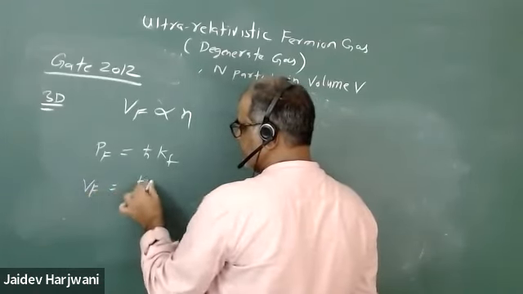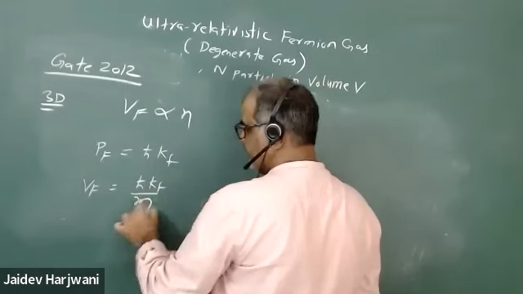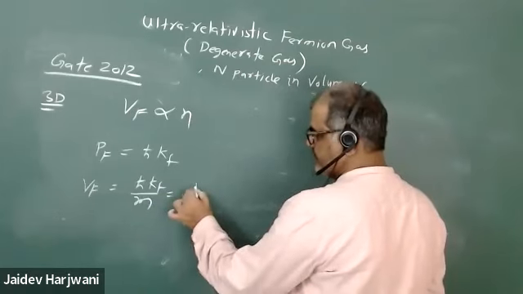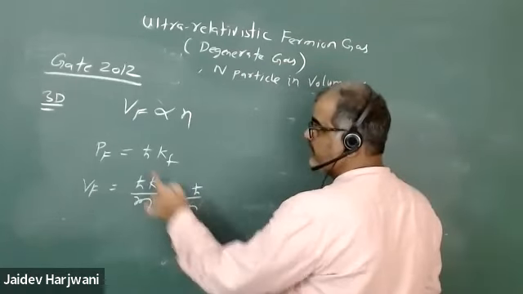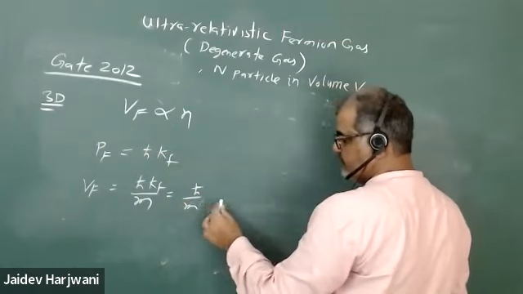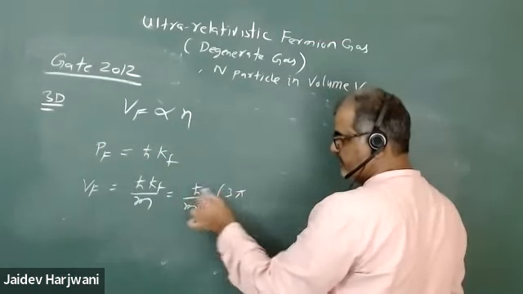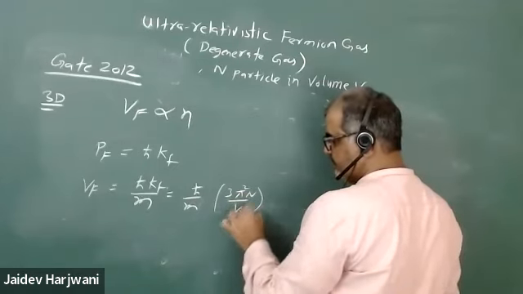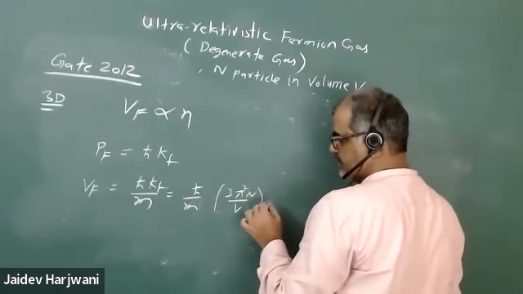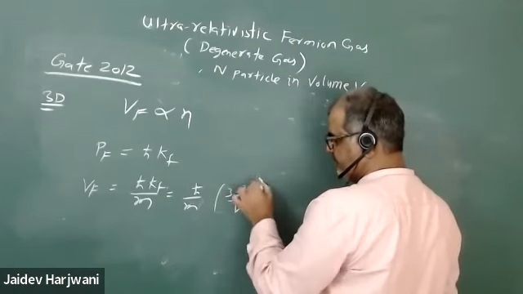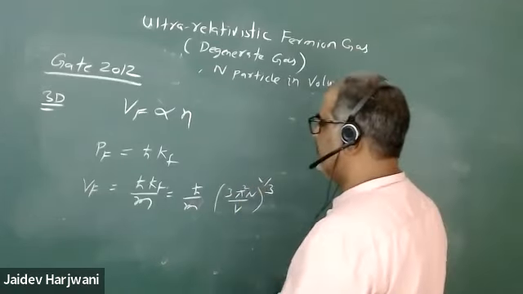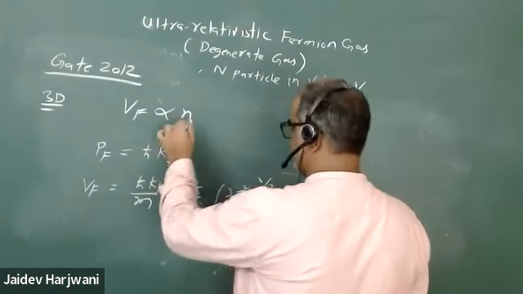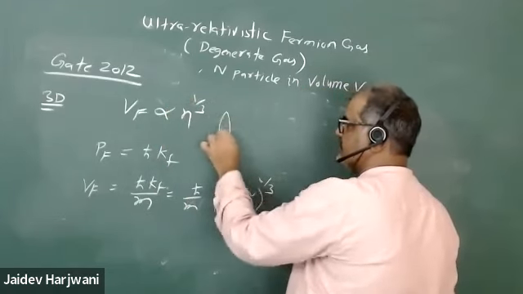I can write h cut kf upon m. And kf in 3D is 3 pi square n to the power 1 by 3. So that means my vf will be proportional to n power 1 by 3. That is the answer.